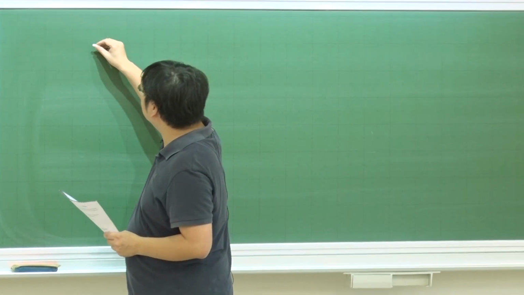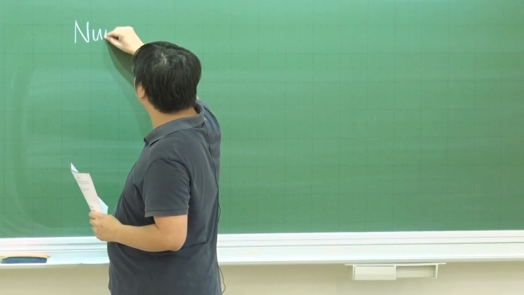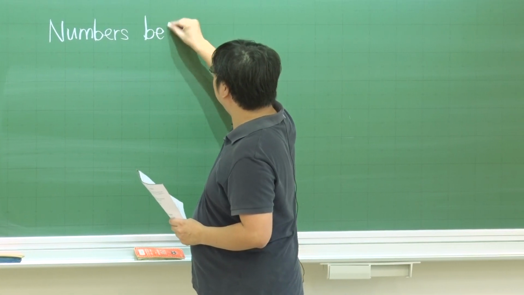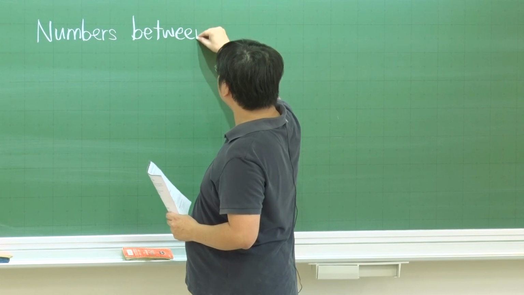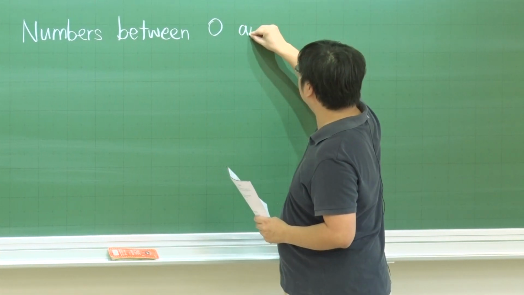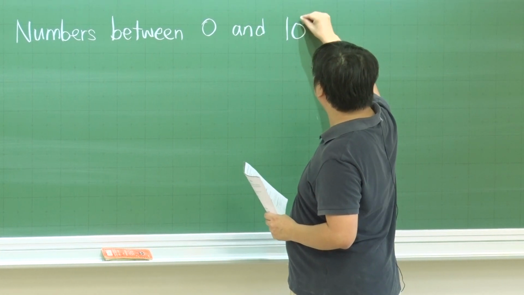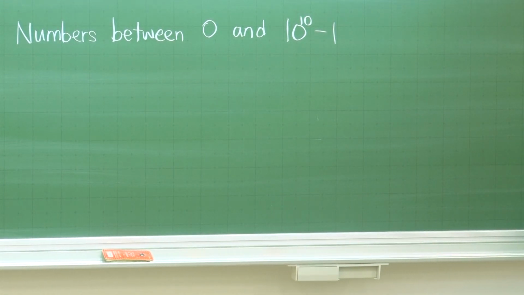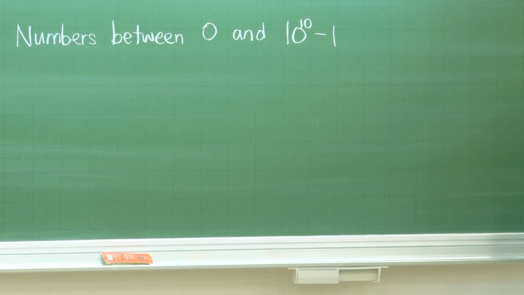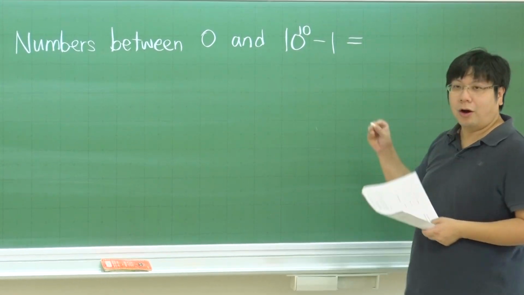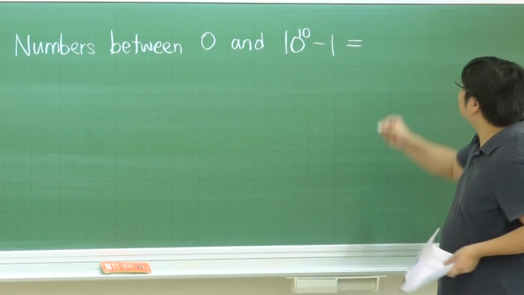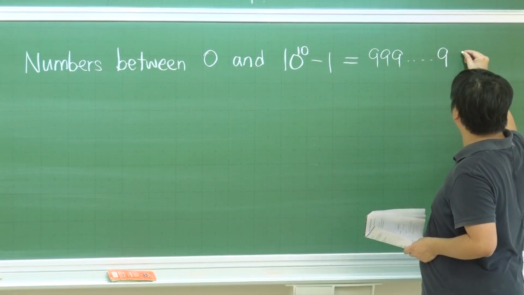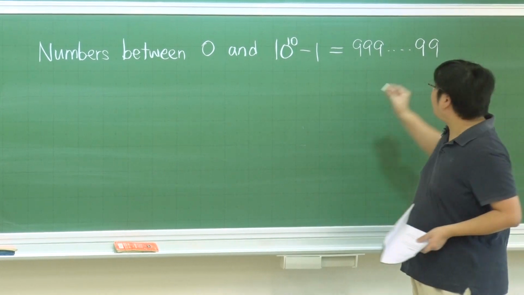So let us look at all the numbers between 0 and 10 to the power 10 minus 1. Is that okay? So 10 to the power 10 minus 1 is equal to what? All of them are 9s, right? So it's equal to 9, 9, 9, 9, 9.